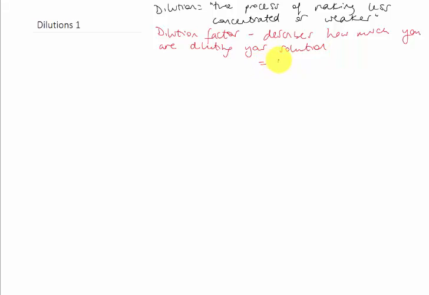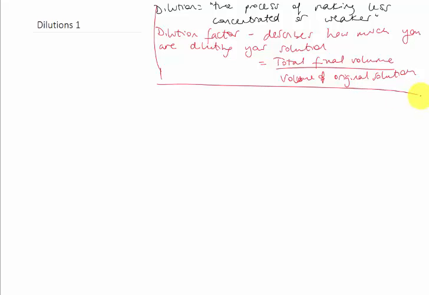So that is equal to the total final volume over the volume of the original solution. And we're going to need that dilution factor to calculate all sorts of things. So let's just use a couple of examples.